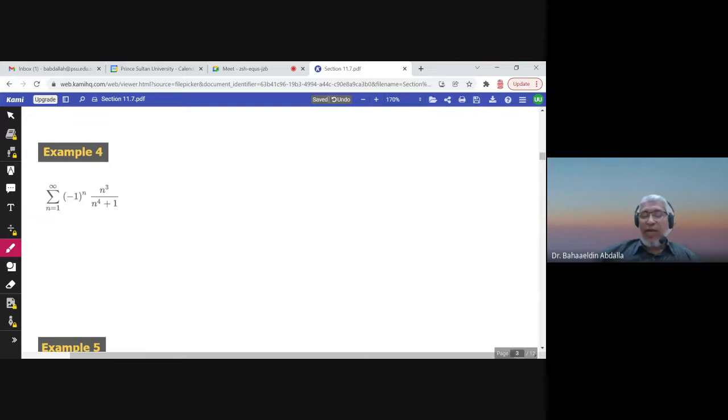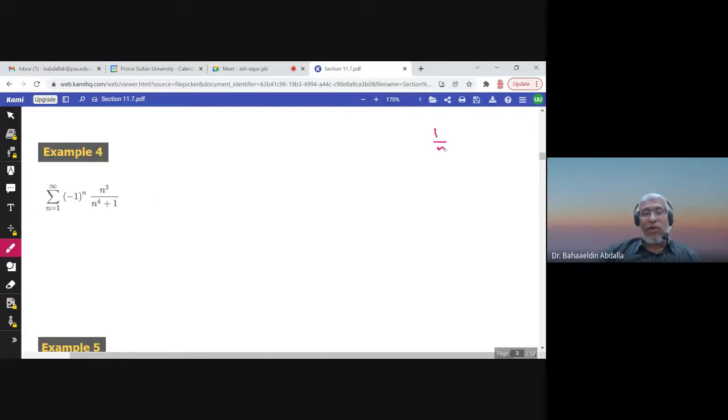Well, here we have negative 1 to the power n. So we can use alternating series test. Especially if you notice we have n cube over n to the power 4 plus 1. So if you want to use comparison test, you will compare it with n cube over n to the power 4, which is 1 over n.